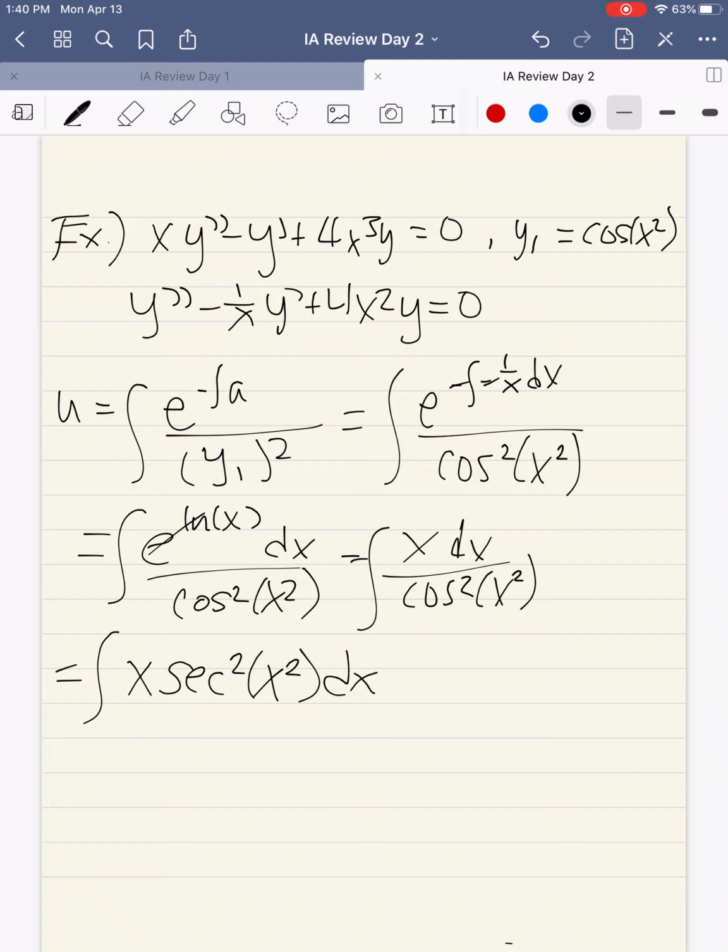And this is actually a trig identity here. So this is called the half angle rule, as well as the secant here. So this is going to give us 1/2 tan of x squared plus c.